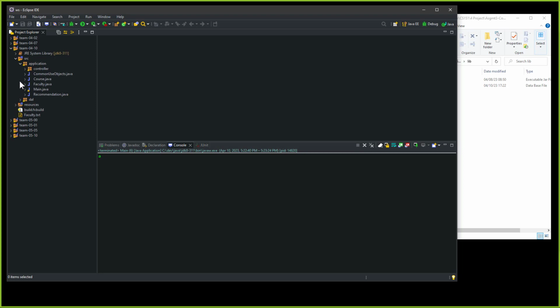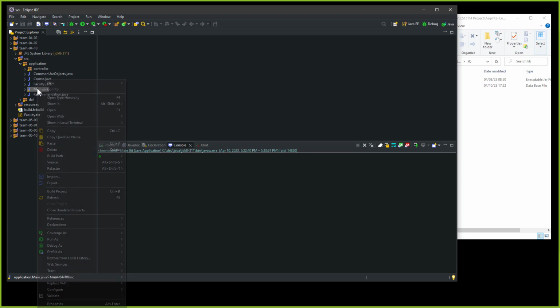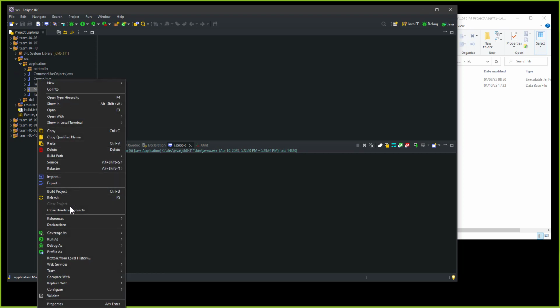They organize their code very well, and they have the resources. They put the views inside the resources. That's a very good idea.